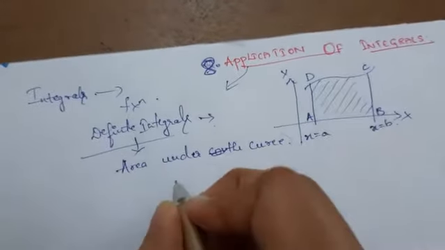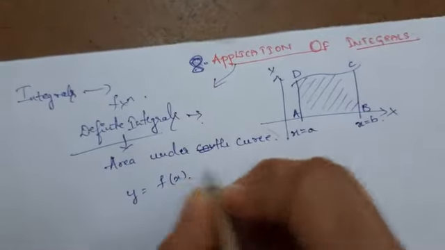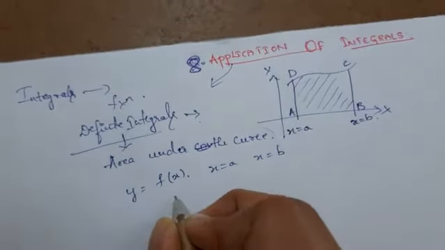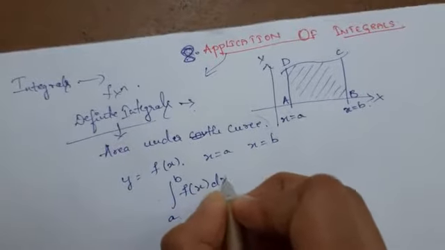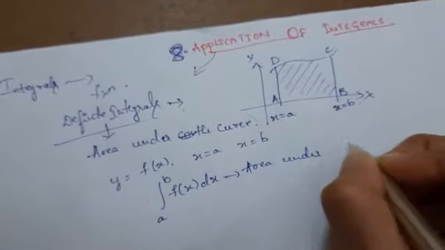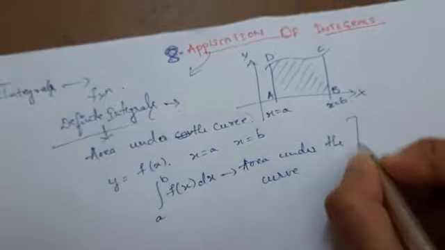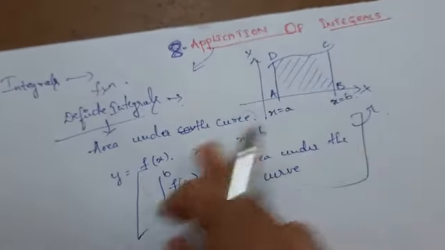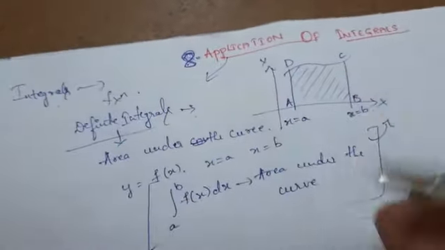Suppose y is equal to f of x is a curve, varying from x is equal to a to x is equal to b, then the integral from a to b of f of x dx gives us the area under the curve. This is what we came across. For the definite integral we only came across the definition, but we didn't practically apply this concept anywhere in the chapter on integrals. So here we are studying how it is applied.